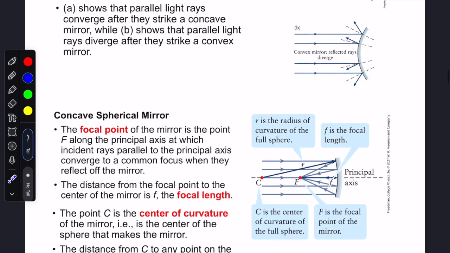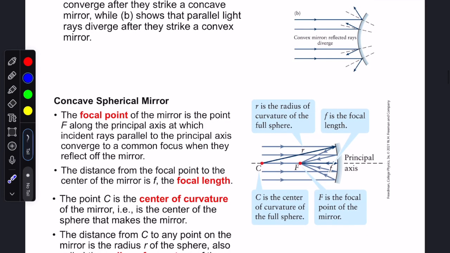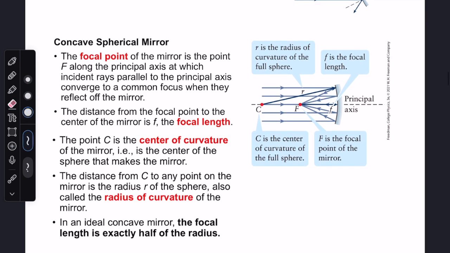We've been looking at both concave and convex mirrors. Let's now focus on the concave spherical mirror, and let's define some points in general for curved mirrors. We're going to talk about a focal point. The focal point of a mirror is a point that lies along the principal axis, which extends straight through the middle of the mirror.